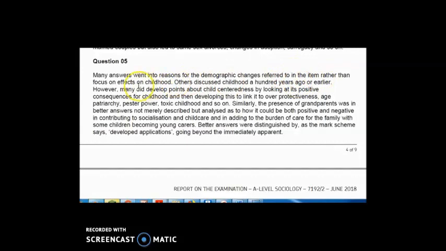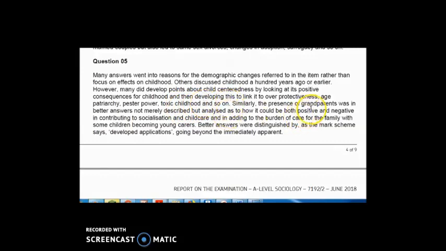Checking out the examiner commentary, many answers went into reasons for the demographic changes referred to in the item rather than the effect on childhood. Others discussed childhood 100 years ago or earlier, which is not really what the question was asking. However, many did develop points about child-centredness by looking at its positive consequences for childhood and developing this to link it to overprotectiveness, age patriarchy, pester power, toxic childhood and so on.